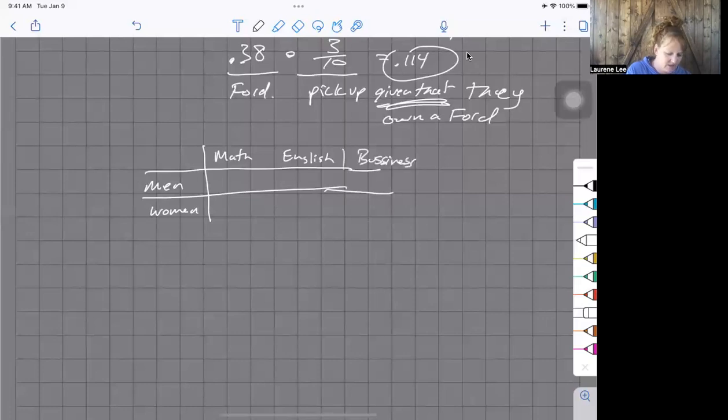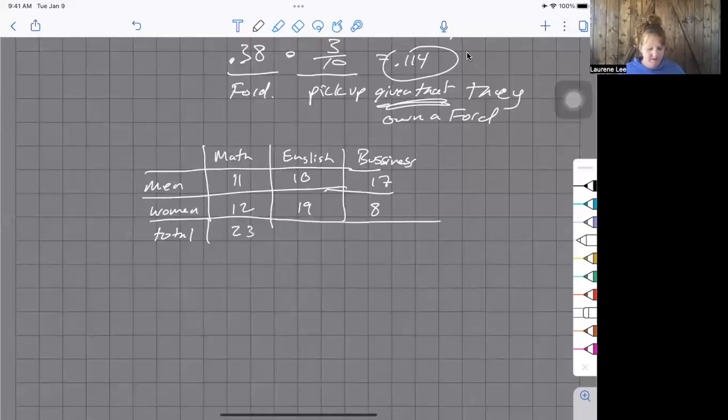Okay. And let's say there's 11 people here, 12 people here, 10, 19, 17, and 8. Now I'm going to total some of these up for you just so it's easier. Our totals for math, there's 23 people in math. So I'm just totaling all the men and women in math. There's 29 in English total.